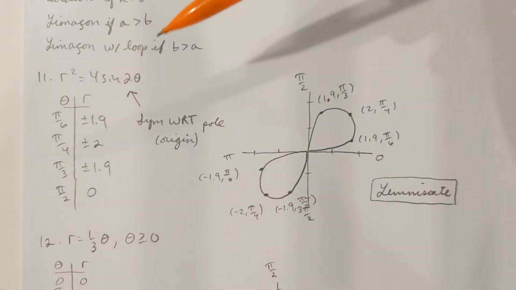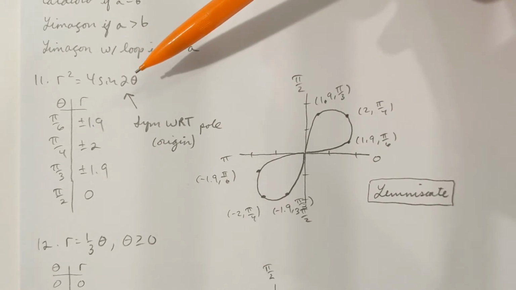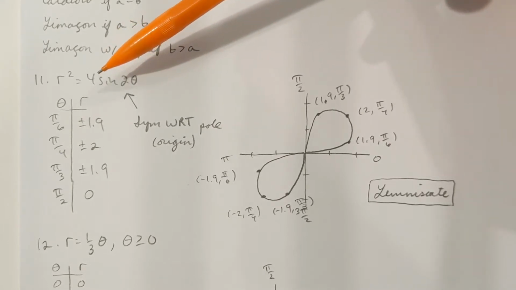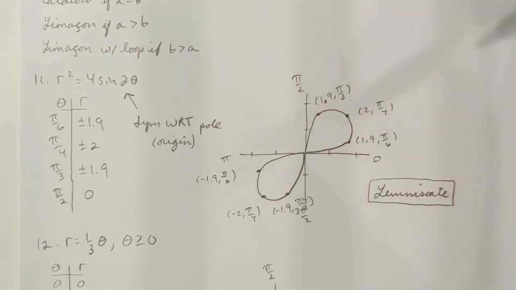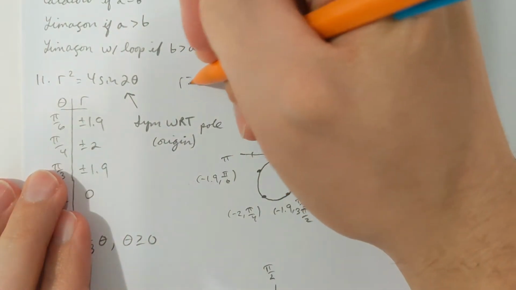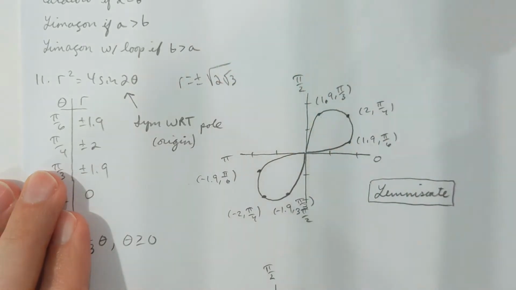All right, well, if I let theta be pi over 6, 2 times pi over 6 is pi over 3. Sine pi over 3 is root 3 over 2. Times 4 would be 2 root 3. If you have r squared equals 2 root 3 and you take the square root of both sides, then r would be equal to plus or minus the square root of 2 root 3.